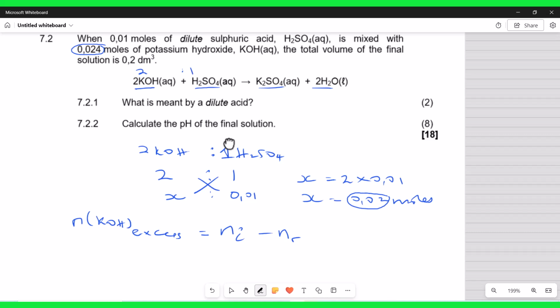So available is 0,024 minus reacted moles, 0,02. So what's my answer for the excess moles? 0,024 minus 0,02 gives me 0,004.